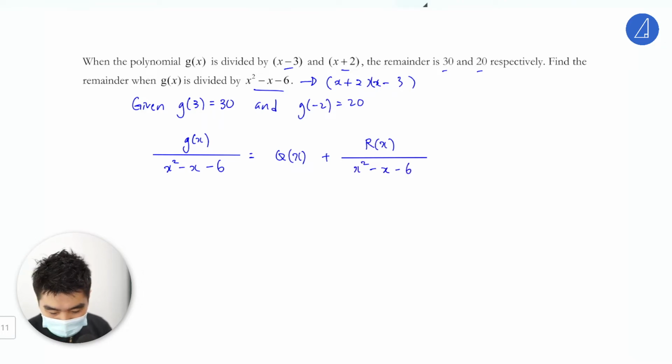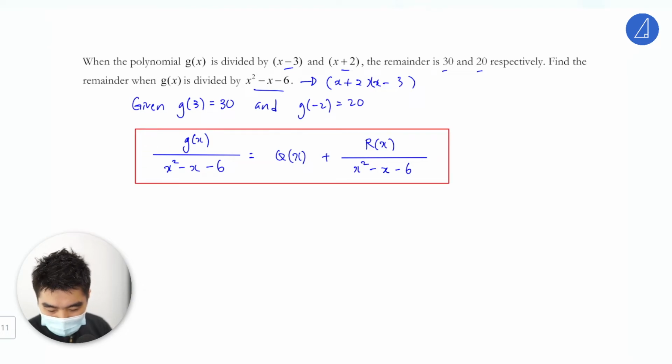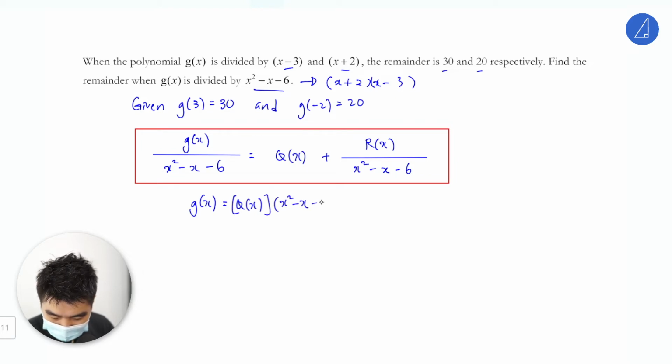Okay, this is your key step over here. You need to start from this. So multiplying across, you will produce the other form of the same equation. It's the same equation, different form. So this is q(x) multiplied by this x squared minus x minus 6, and you have an r(x) over here.